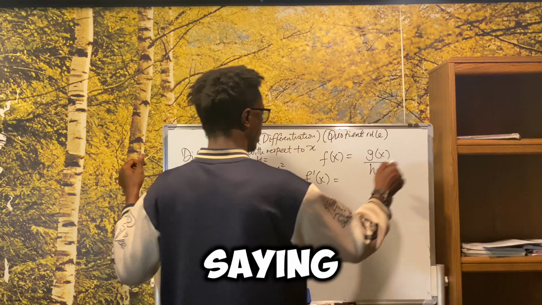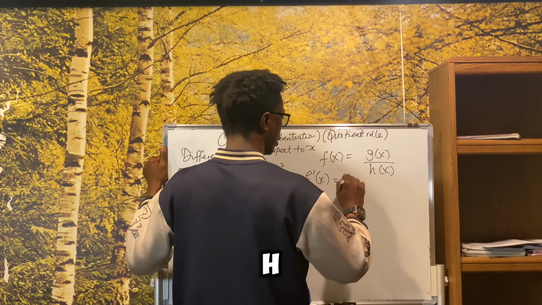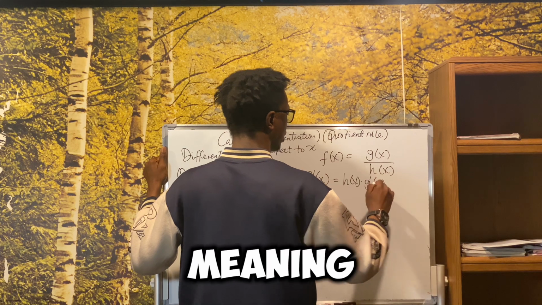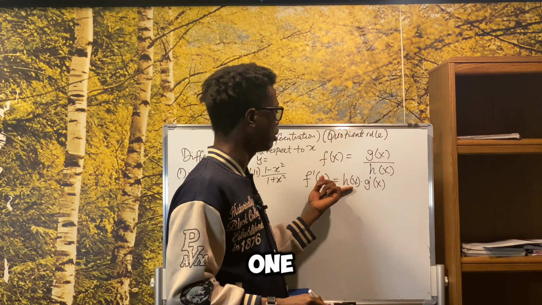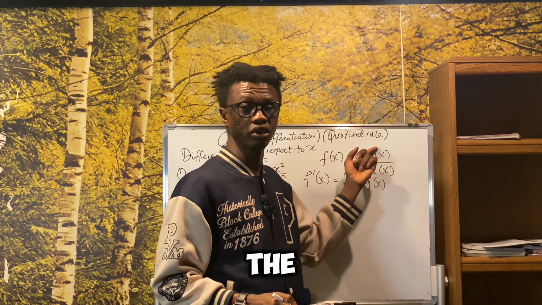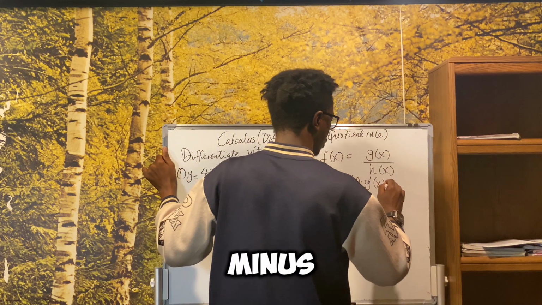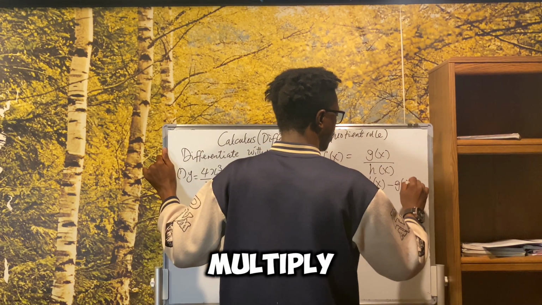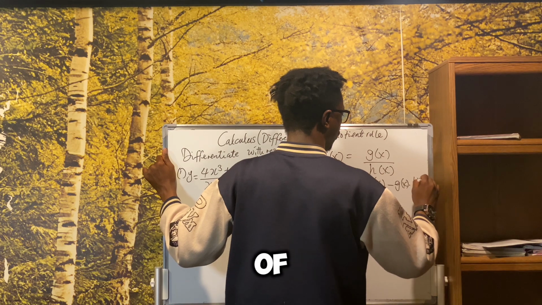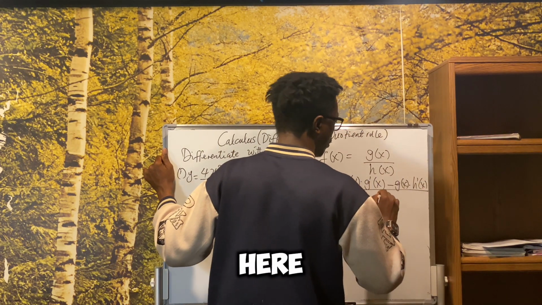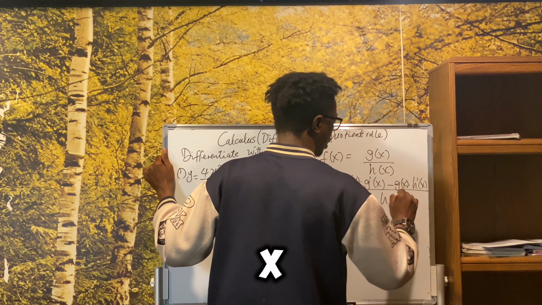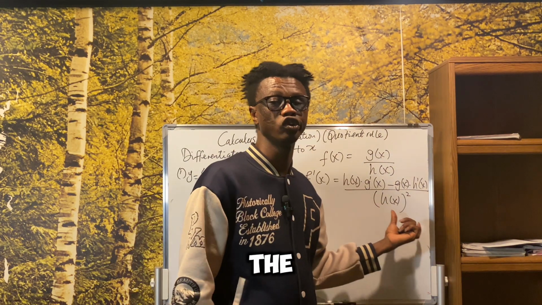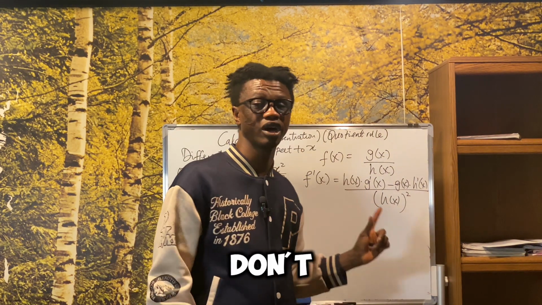So it's h of x multiplied by g prime of x, meaning you maintain this one, you differentiate the numerator, then minus, now the opposite, g of x multiplied by h prime of x, then you divide everything by h of x all squared. Okay, then you divide everything by the denominator. This one you don't have to differentiate.